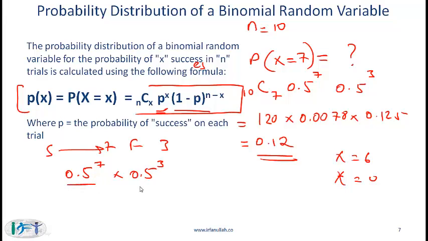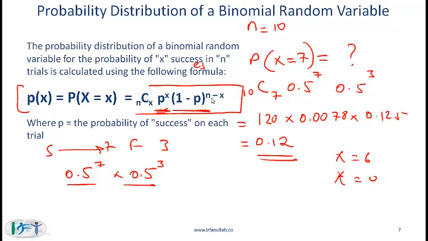So these two items are shown over here in the formula. The probability of success raised to the power of the binomial random variable, which is the number of successes, and then the probability of failure raised to the power of the number of failures.